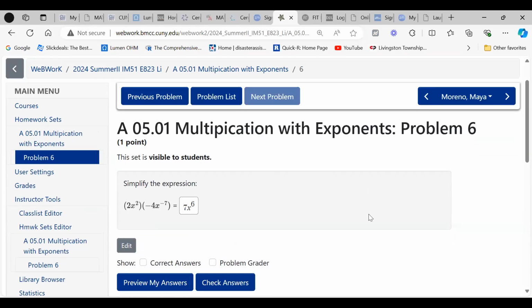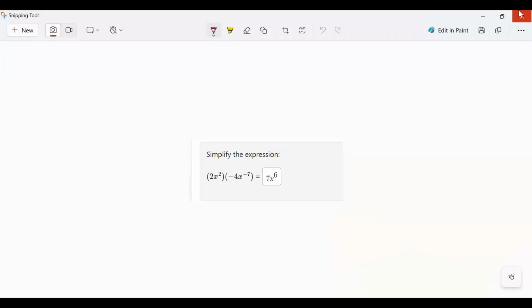Yeah, this one is very similar, right? 2 times -4 will be. No, I'm going to show you how to solve it. So 2 times -4 minus -8. For the base x, you combine 2 and -7.